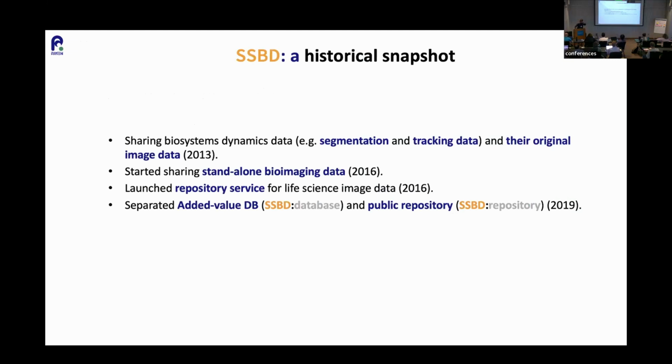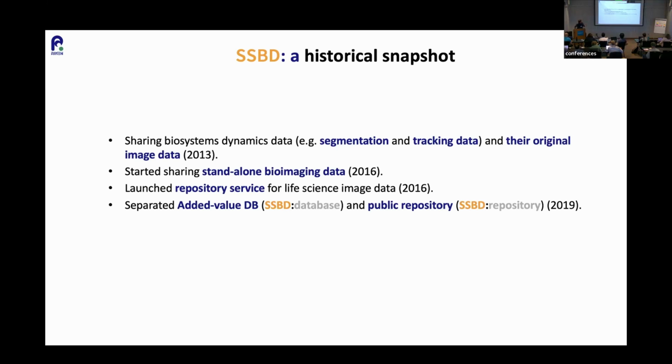We started the database for segmentation and tracking data and original image data in 2013. Hearing the voice of the community, we started to share standalone bioimaging data in 2016. Then, requested by the community, we started the repository service.